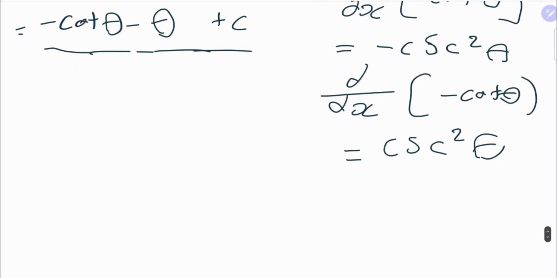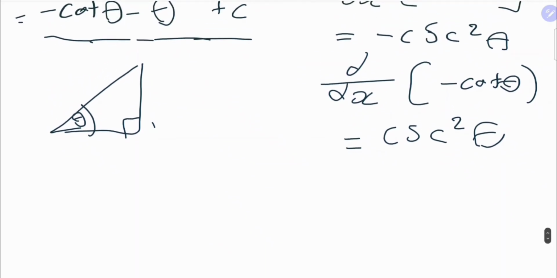Okay? So the way we can do this is we can draw a right-angled triangle, because this will enable us to use the Pythagorean theorem, with an angle of theta, and this will help us work out what negative cotangent theta and theta are equal to in terms of x.